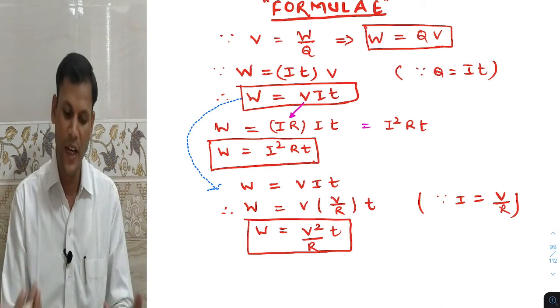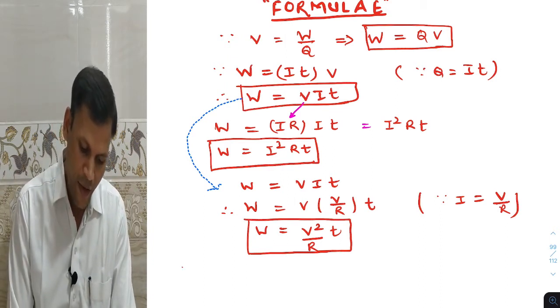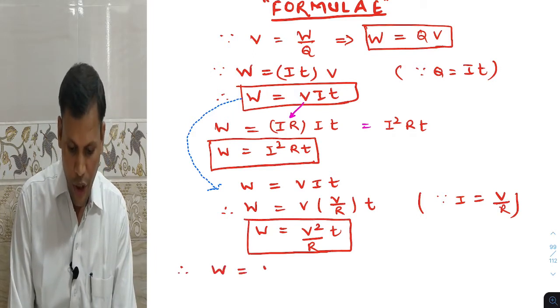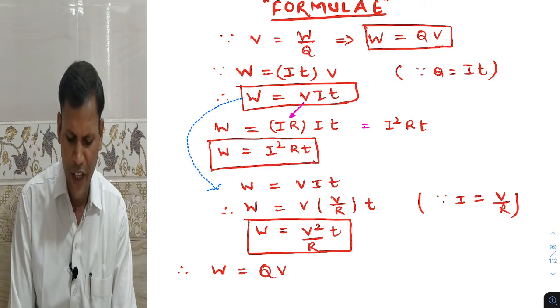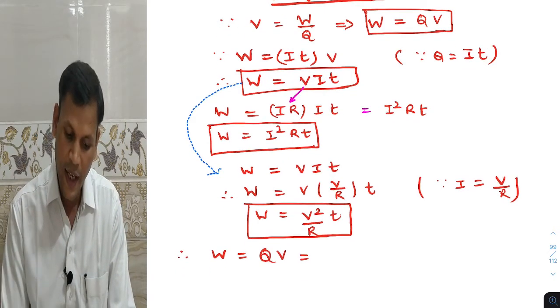Overall, if we write what total formulas we have, work is equal to Q into V. Work is a form of energy. This is electrical energy.